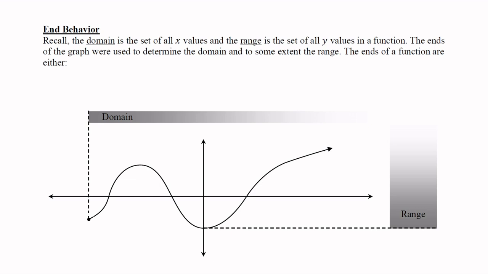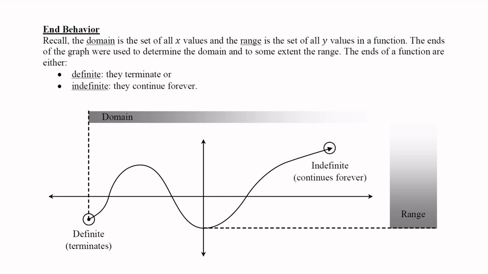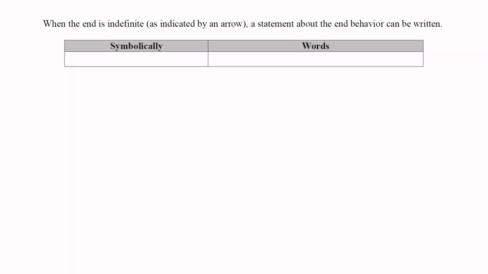The ends of the function are going to be either definite, meaning they terminate, or indefinite, meaning they continue forever. When the end is indefinite, as indicated by an arrow, a statement about the end behavior can be written.